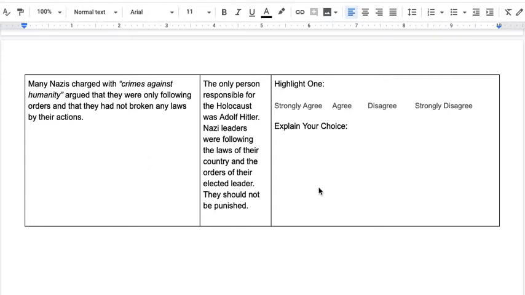So these soldiers are saying, well, I'm a soldier. They gave me an order that I had to kill Jews. So all I did was follow those orders. Doesn't matter that I killed hundreds of Jews. I was just following orders. Should those people not be tried at all? So once again, strongly agree, disagree, strongly disagree, and go ahead and write your answers.